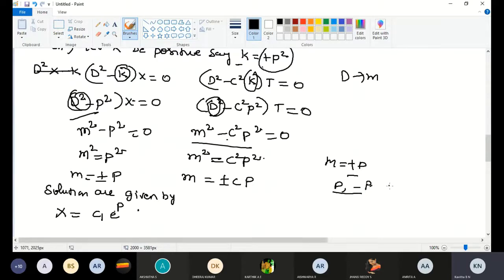The roots are non-repeated. Means X is c1 e to the power of px plus c2 e to the power of minus px.